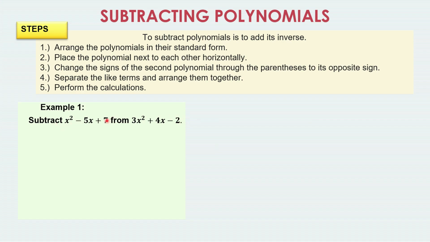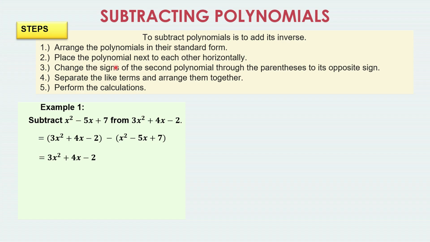Subtract this from this, meaning this second polynomial here comes first, or this is your minuend. So let me write this in horizontal computation. We have this polynomial as our minuend, 3x squared plus 4x minus 2, minus your subtrahend, x squared minus 5x plus 7. There you have it.